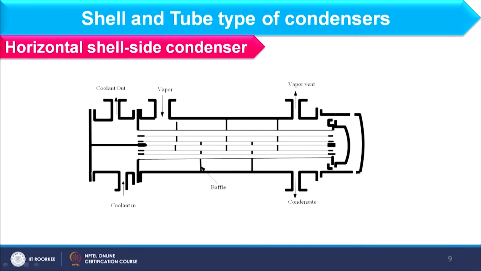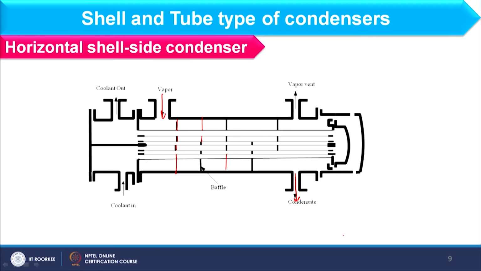Let me explain this further with the help of a schematic. Here we have the condenser, and vapor is entering into the shell side. In this case the baffle should be like this, because we have a vertical cut in the baffles. Vapor enters the shell side, and at the bottom we have continuous condensate removal.